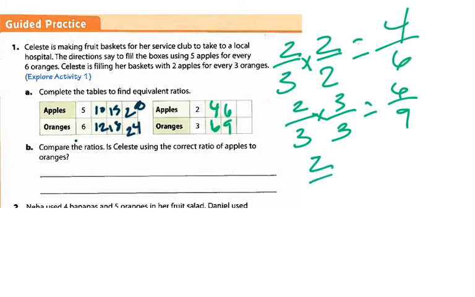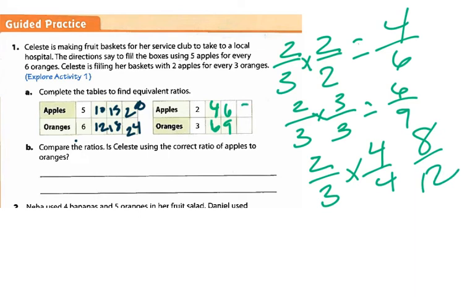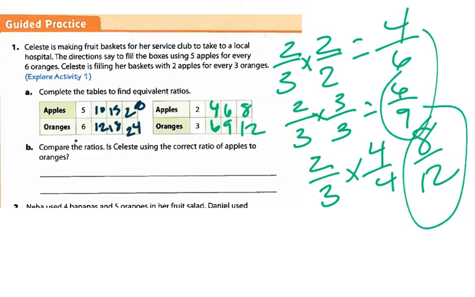And then 2/3 times 4 over 4, 8/12. There we go. Okay. So again, if I reduce these ratios to simplest form, I am going to end up with 2/3. Okay. So that's how I can figure that out.